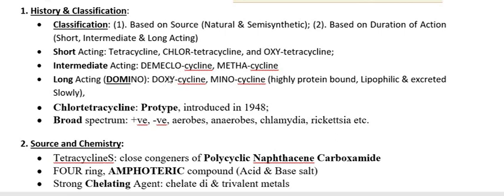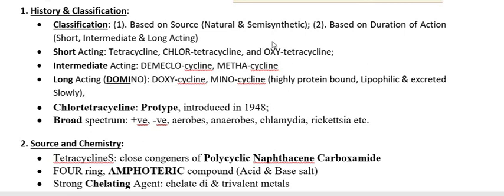Another important point about doxycycline is that it is also used in nephrotoxic patients, because it is safe to use in kidney patients. So this is about the classification of tetracyclines based upon the duration of action.